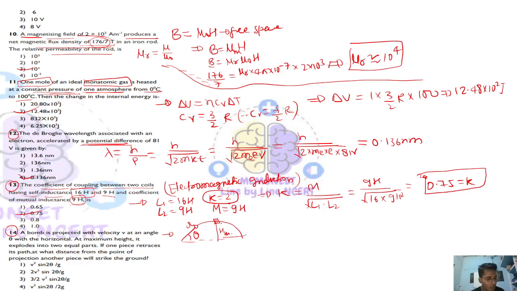Simply you need to use the h max. At the maximum height, it explodes into two parts. If one piece retraces its path, okay, retrace means it comes back on the same path.